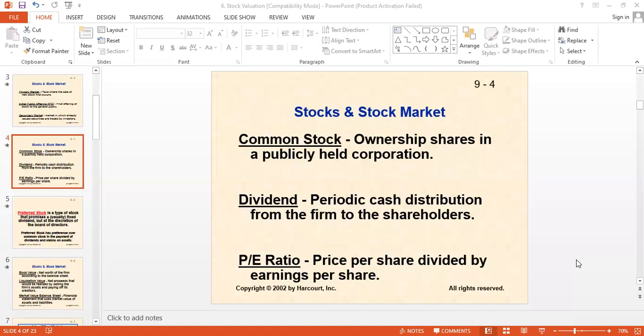The next is dividend. It is mentioned over here, periodic cash distribution from the firm to the stockholders. Periodic means regular. Let me put it in an easier way: whatever amount of profit you get against your shares is known as dividend, professionally, in business language.